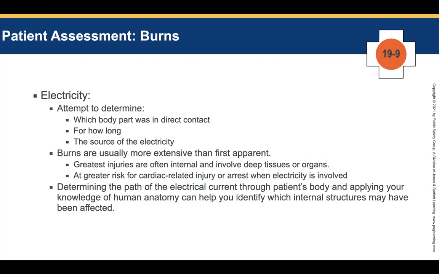So we need to be very concerned about other internal injuries when electricity has gone through someone. High suspicion of internal injuries if somebody's been in contact with electricity, depending on how it's gone through their body.